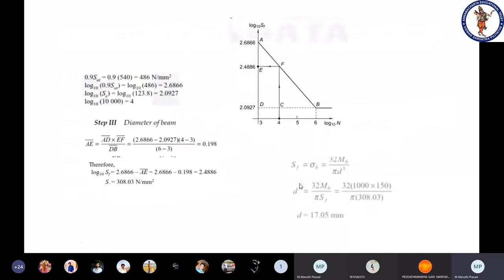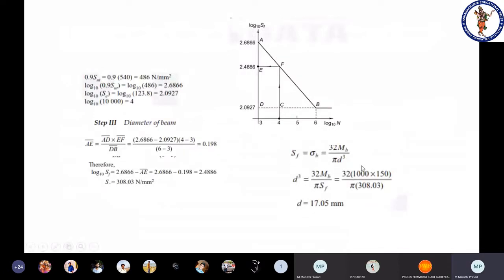So 32 into 1000 into 150 divided by pi into this 308.03. By substituting all these values and solving, you get D equal to 17.05 millimeter.